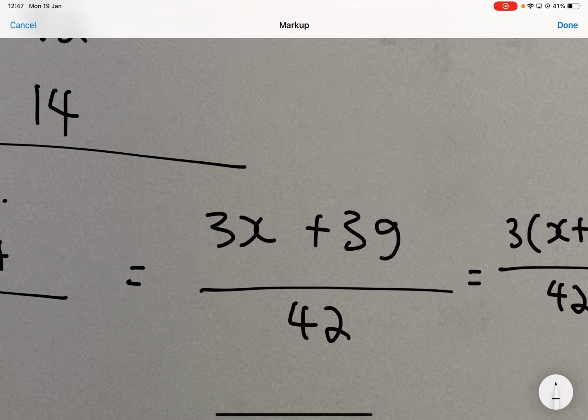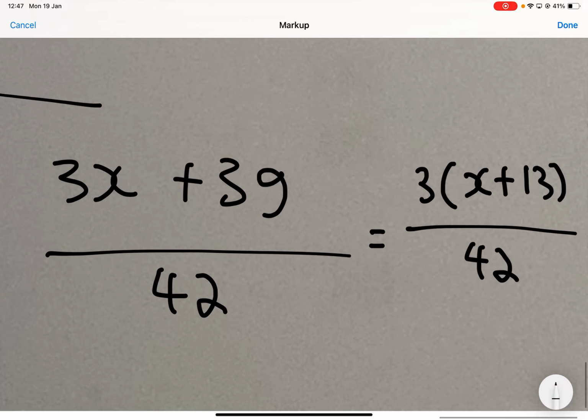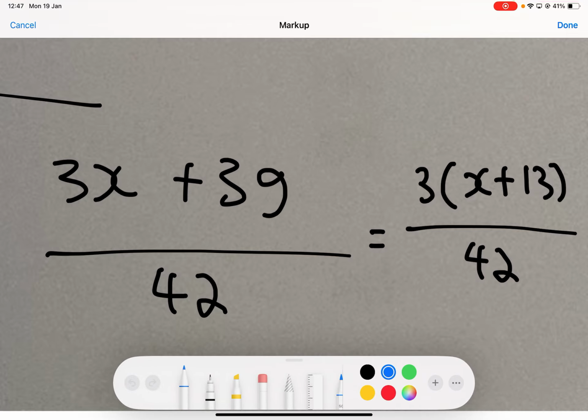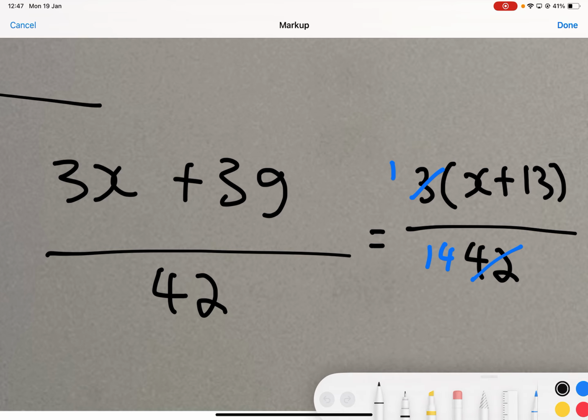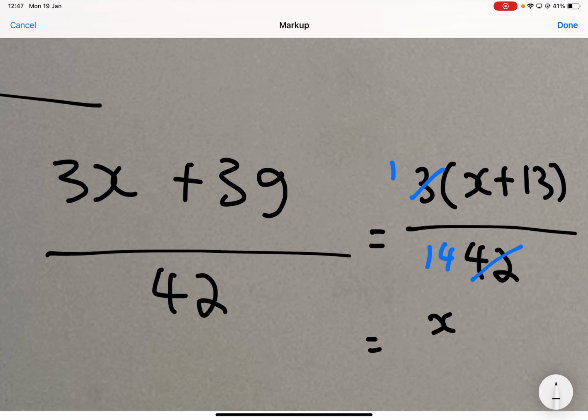Okay? They expect you to know that this one can cancel. 3 divided by 3 is 1. 42 divided by 3 is 14. Then your final answer will be x plus 13 over 14.